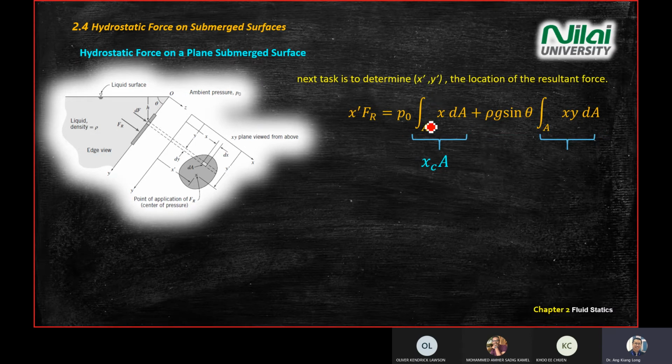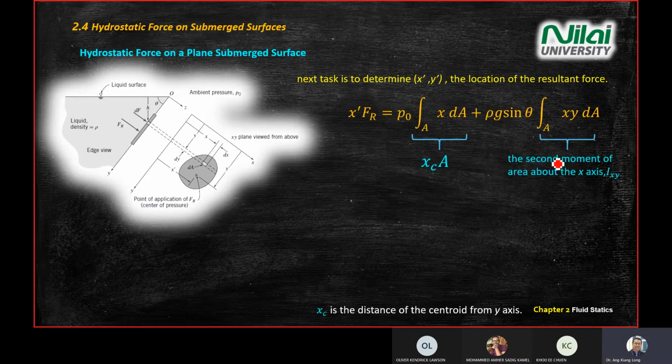So first moment equation just now, integration of x dA, we can write as x centroid, the location to the centroid of an object, times the A. The second one is the second moment. In this case, since we are looking at the xy component, our second moment notation we write Ixy.